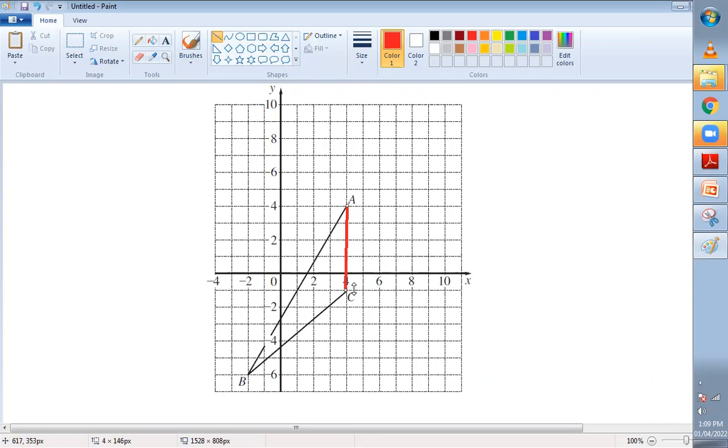Now here is its height. The height is outside the triangle. The height is this green thing: 1, 2, 3, 4, 5, 6. So the height is 6. So 1 by 2 into the height, and the height is 6.